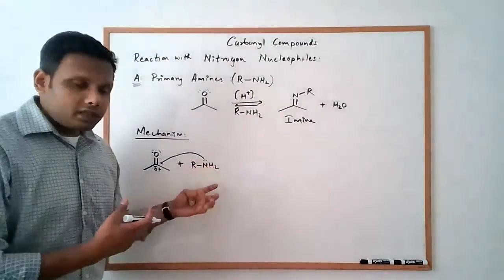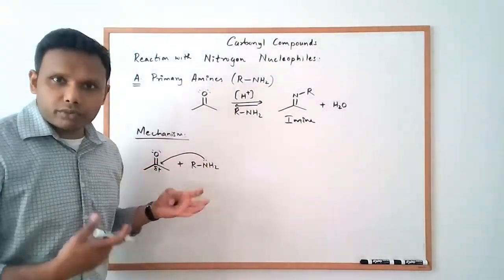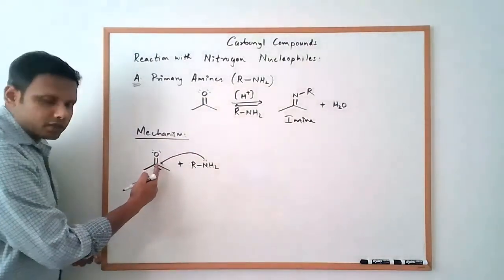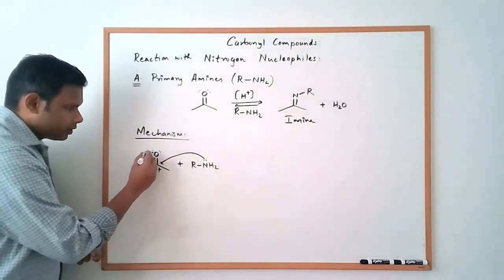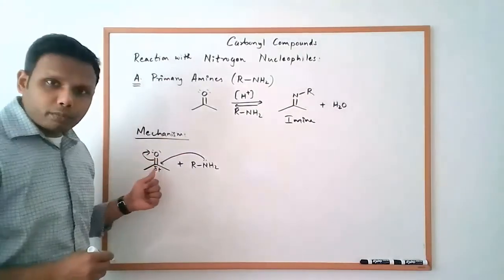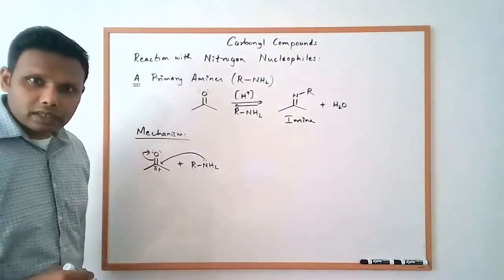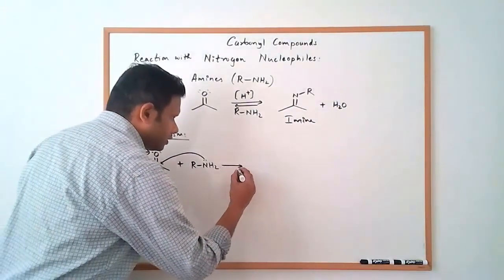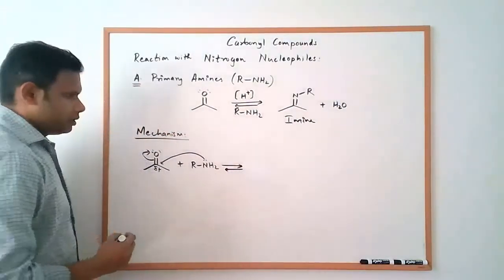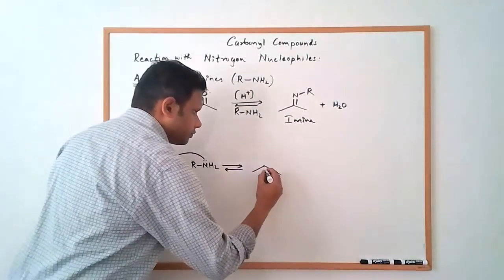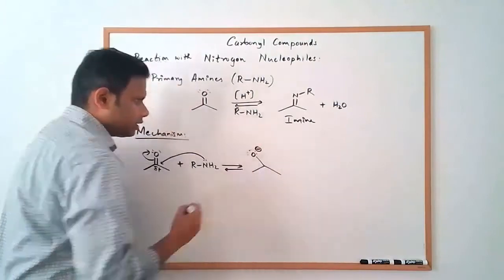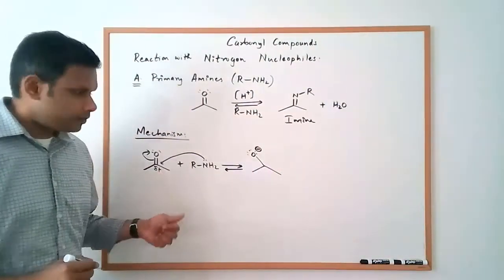So they don't really need an activated carbonyl compound for this to happen. So the nitrogen uses its lone pair to attack the carbonyl carbon. The double bond opens up. Electrons go to that oxygen atom. And this will bring us to the first intermediate where the oxygen has a negative charge on it.